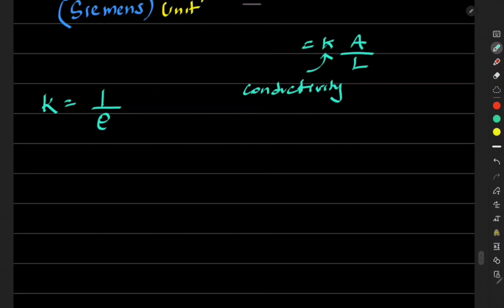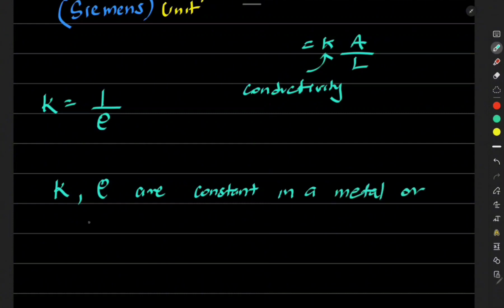The conductivity K and resistivity rho are constant in a metal or an ionic solution with known concentration.